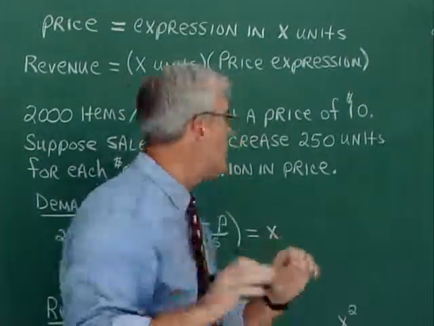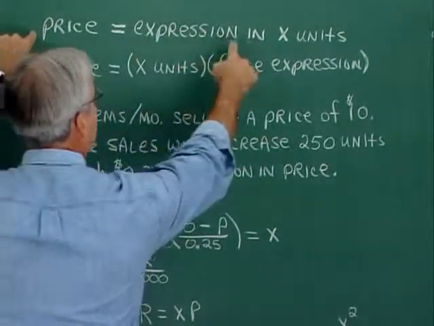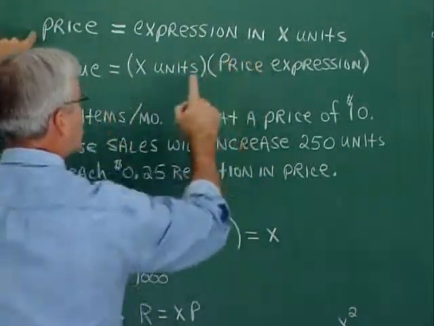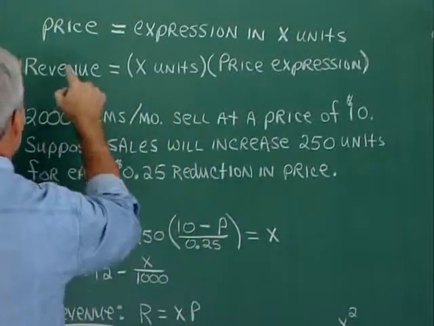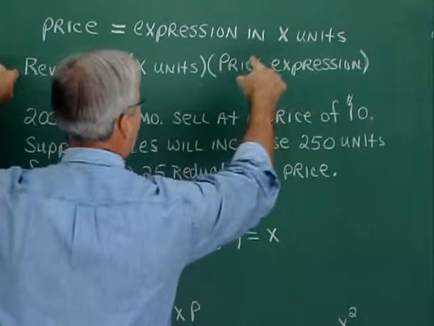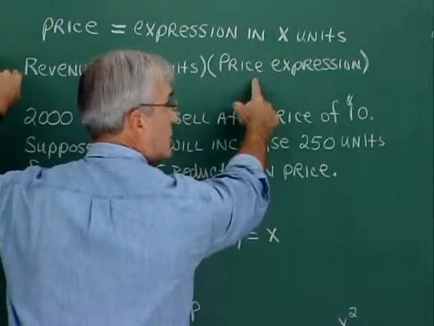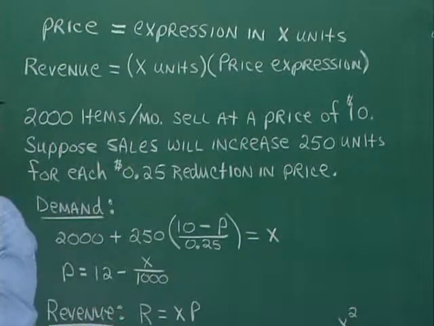But the notion is that if we can express price as some expression in X units, then that is a demand function. Now, from that demand function, you can calculate revenue by taking X number of units and multiplying times the price. You see, X units times price gives revenue. Just a very intuitive idea.